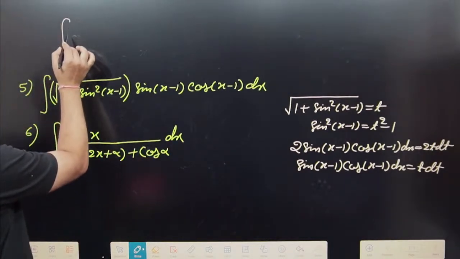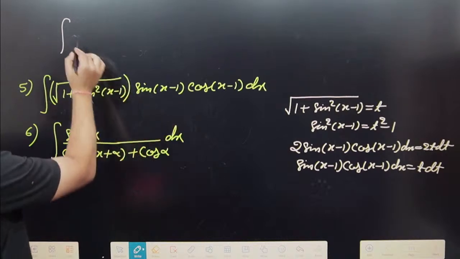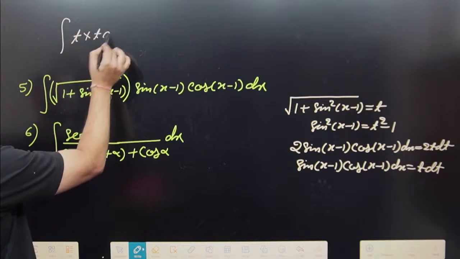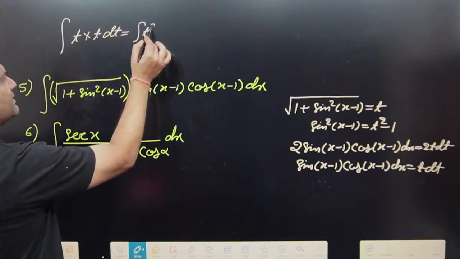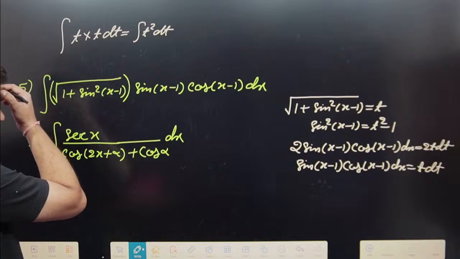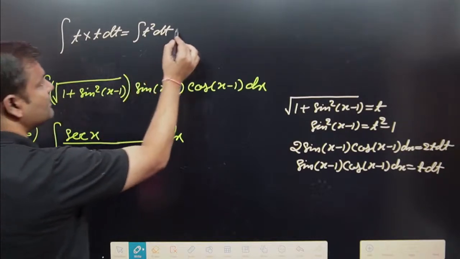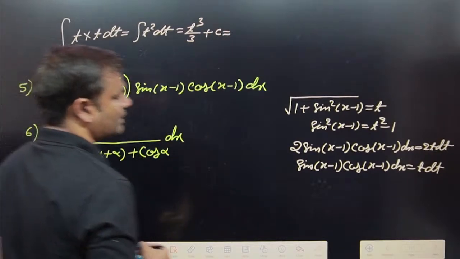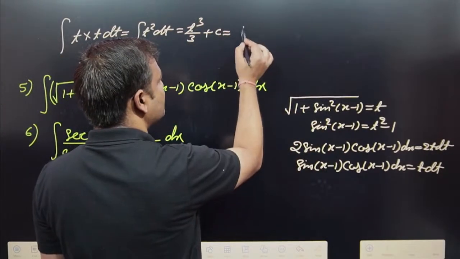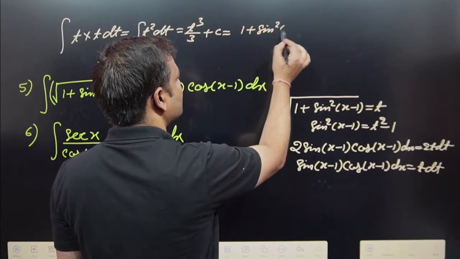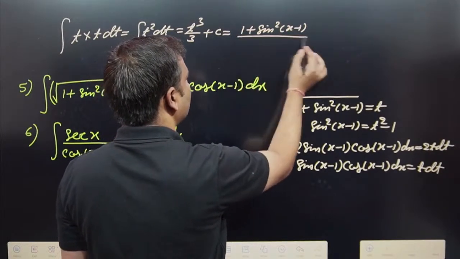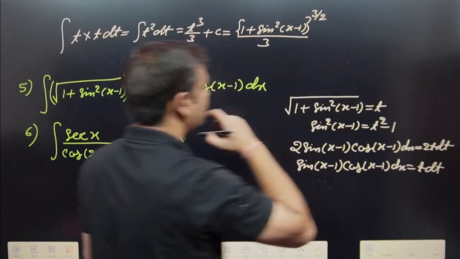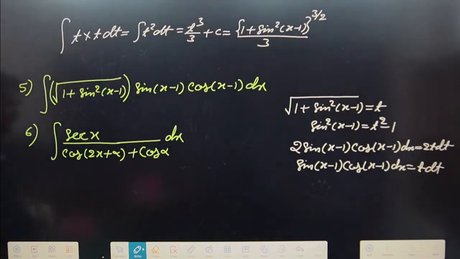So the integration of, simply t, and this is replaced by t dt, so you can say t square dt. That is t cube divided by 3 plus c, and t is 1 plus sine square x minus 1 divided by 3, to the power 3 by 2. Okay, is that clear? This is the final answer.